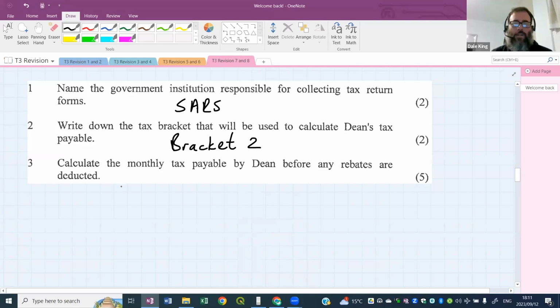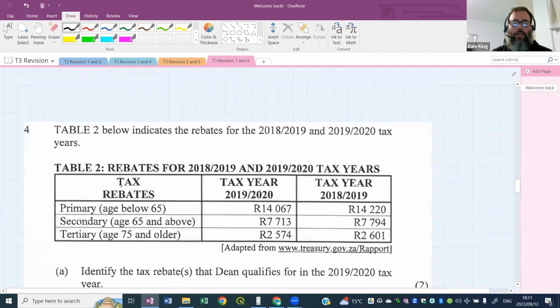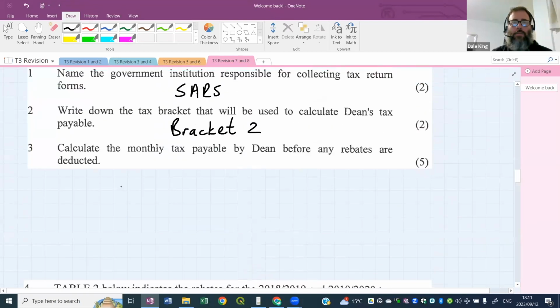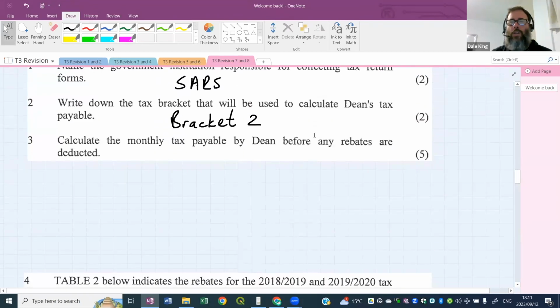We'll see the rebate table here. There it is at the bottom. We're not going to deal with it yet, but yes, a rebate is money that SARS wants to give you back. They give everyone a rebate, and depending on your age, you can get a basic rebate or you can get a bigger rebate. So yes, it's money that SARS gives you back, which is fantastic. Awesome, Ben. Thank you very much.